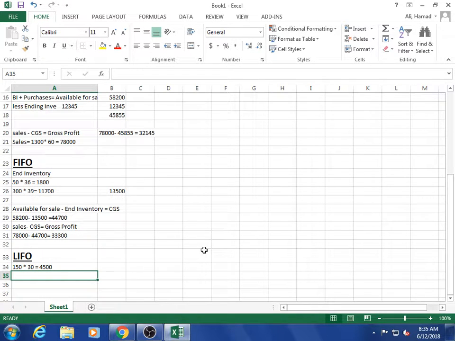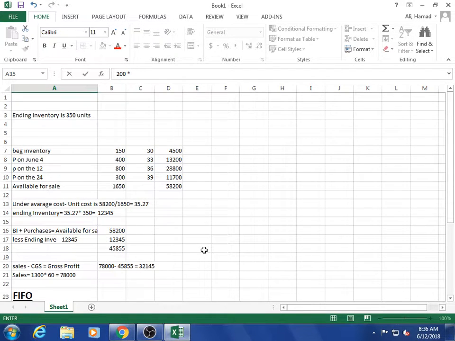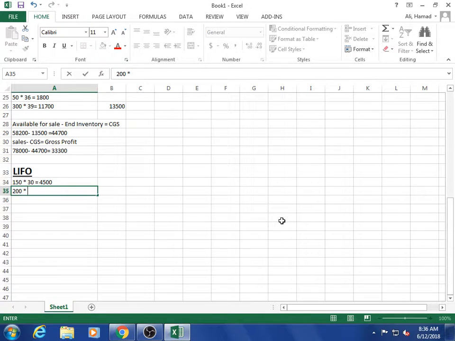4,500. And then 200 times 33 is equal to 6,600. Therefore, ending inventory is equal to 4,500 plus 6,600, and that's equal to 11,100.